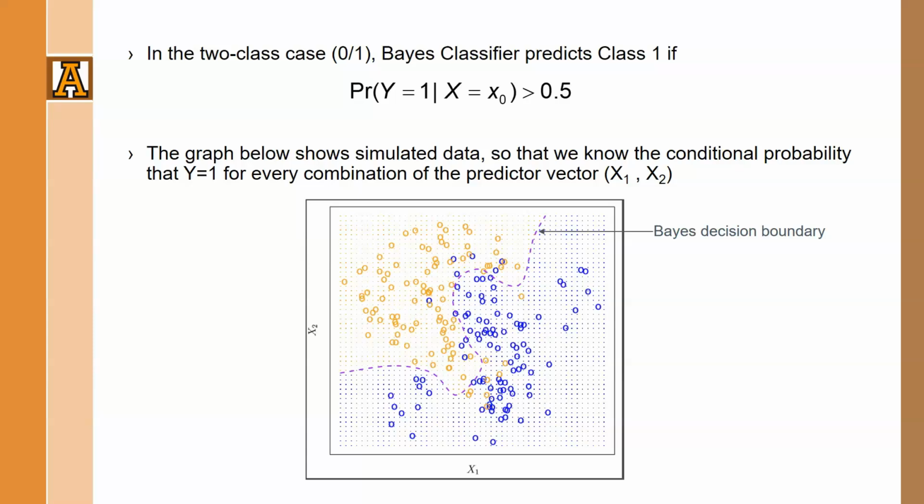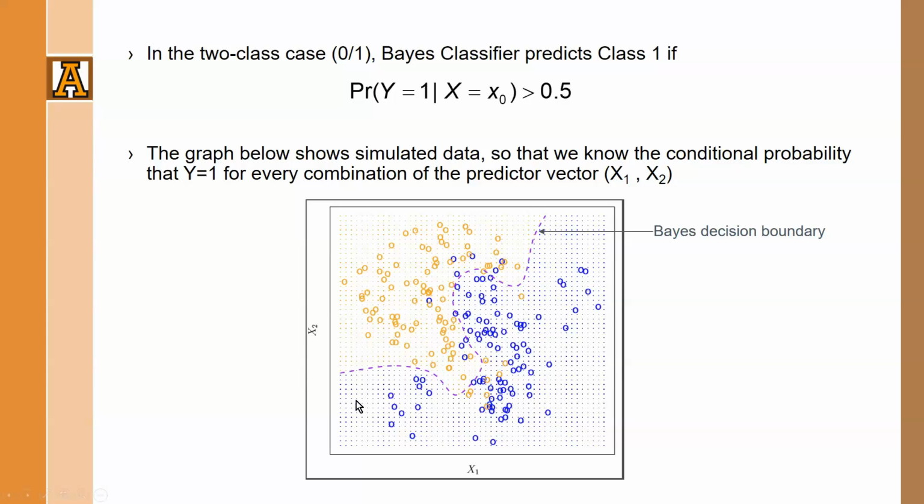This shows the graph that has 2 different classes generated from that logistic regression model that we saw. And the dashed line is the Bayes decision boundary. So that's the optimal decision boundary. We never know it because we don't know what the probability of Y equals 1 given X equals x0 is.